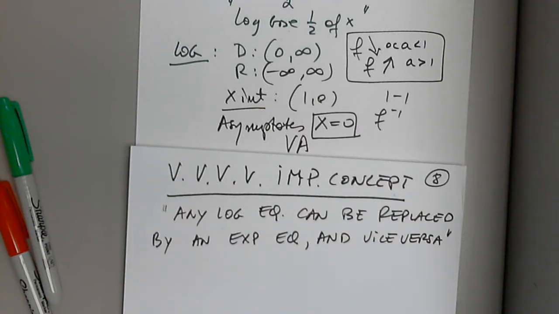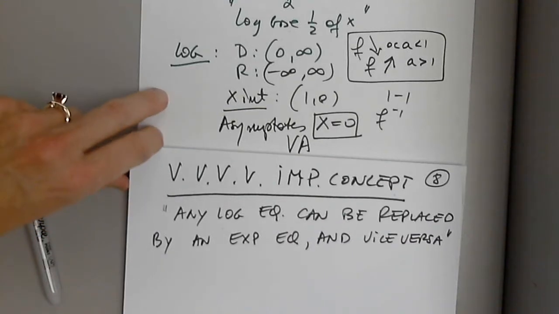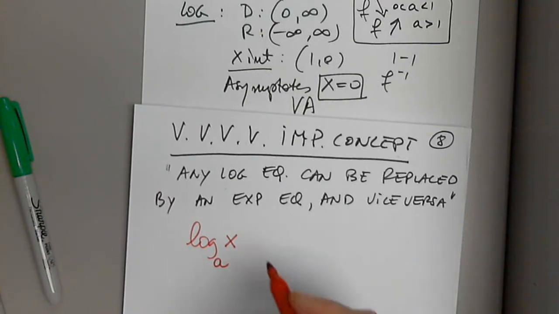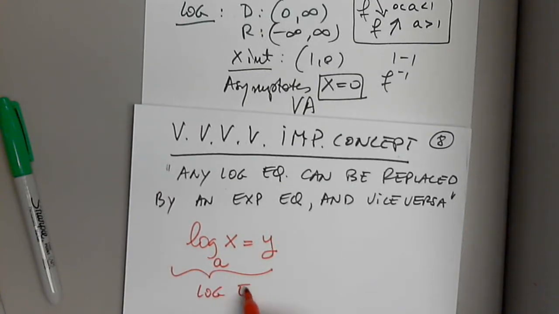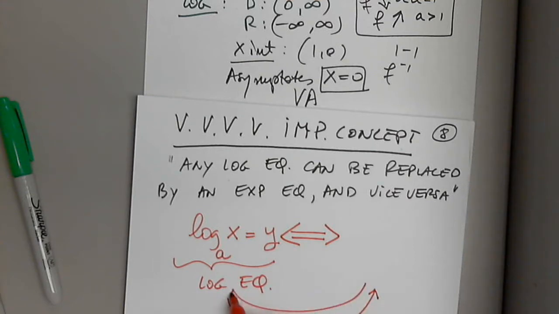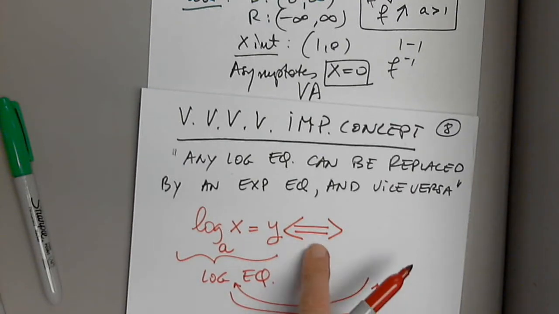Well, this is in plain English, but how do I write this in mathematical terms? Here's how I write this. Log base A of x is a number y. This is a log equation. This is equivalent to, and this is the double equivalency symbol, which means from here I can get here, and from here I can get here.